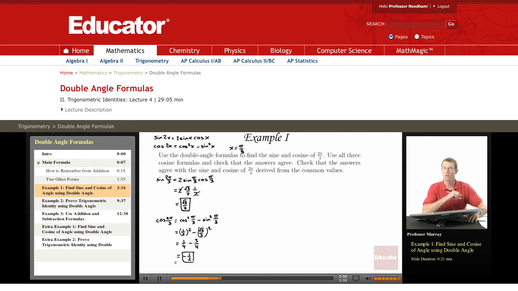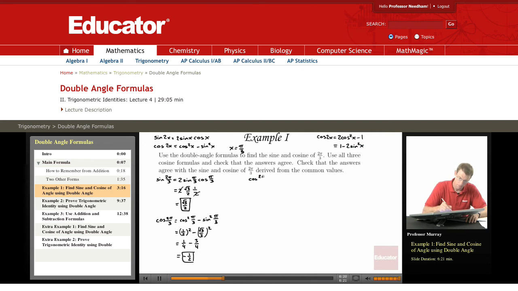Now there were 2 other formulas for cosine of 2x, and we want to check out each one of those. Cosine 2x is equal to 2 cosine squared x minus 1. And it was also supposed to be equal to 1 minus 2 sine squared x. So we're going to check out each one of those.